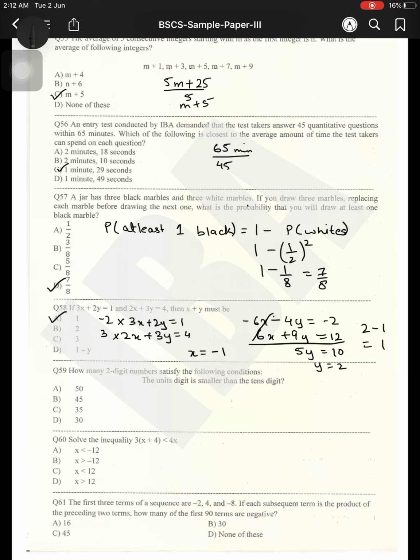This next question, two numbers satisfy the following conditions. So n minus 1, n minus 2. Is it supposed to be n minus 2?